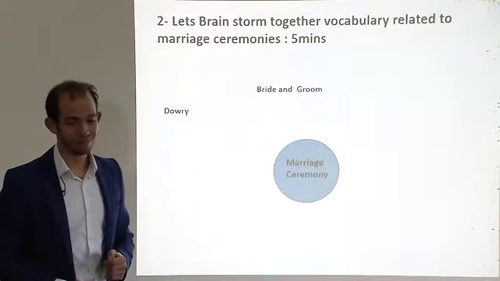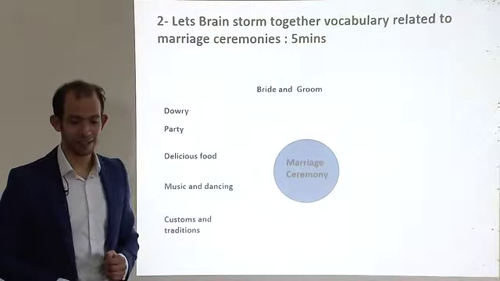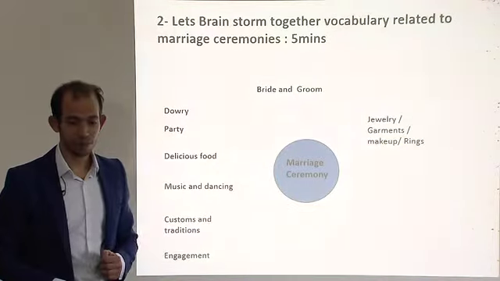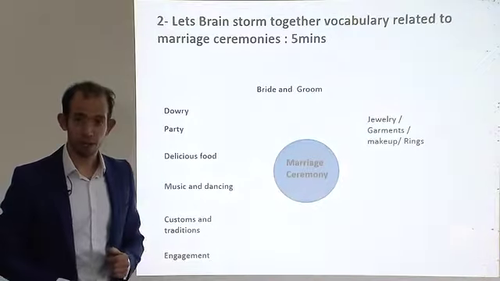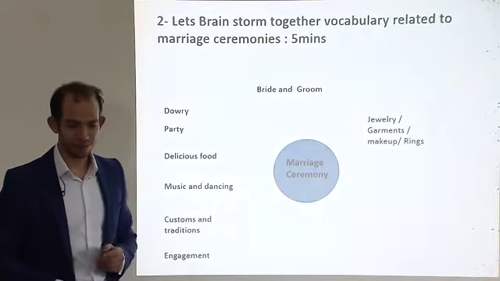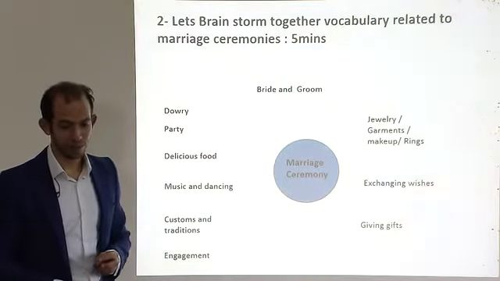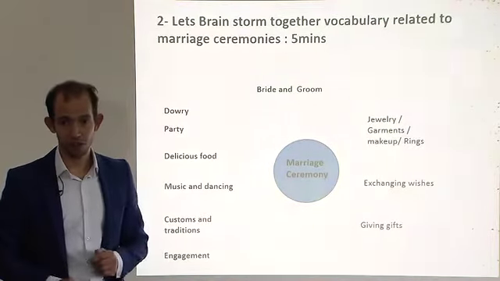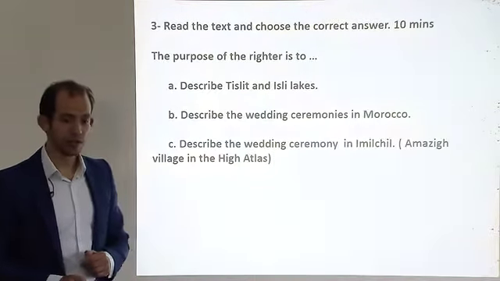The dowry, party, delicious food, music and dancing, customs and traditions, engagement, jewelry, garments, makeup, and rings, and also exchanging wishes and giving gifts. So I suggest that you copy this vocabulary in your exercise part. So let's move to the next task.